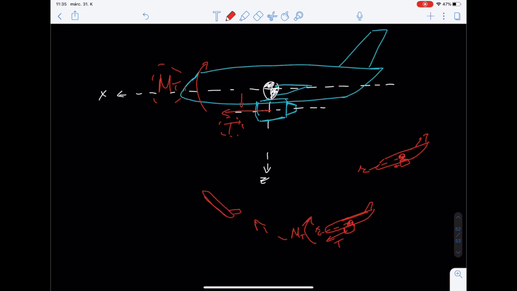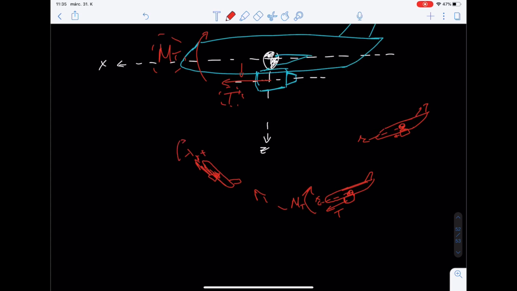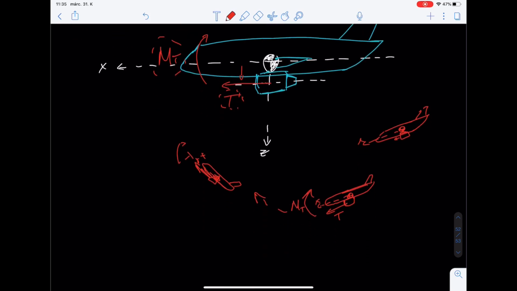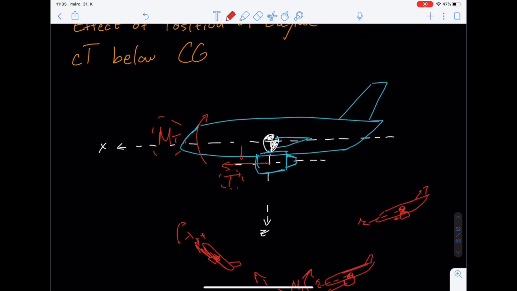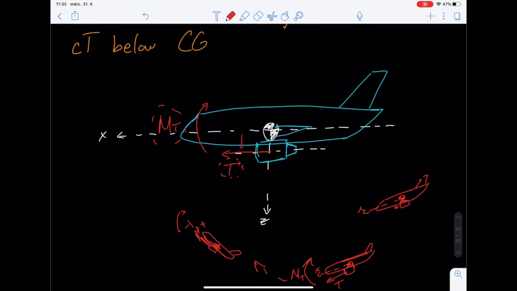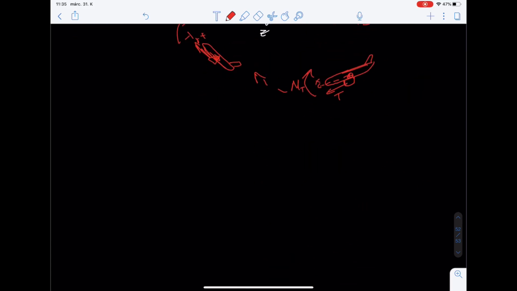It's actually very beneficial. So you have center of gravity, you have the engine, you have the large thrust, you have the longitudinal axis, and it's helping you to generate this pitch up moment. So from a lot of points of view, it's actually beneficial.